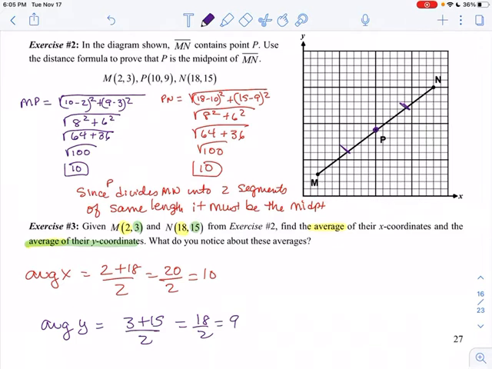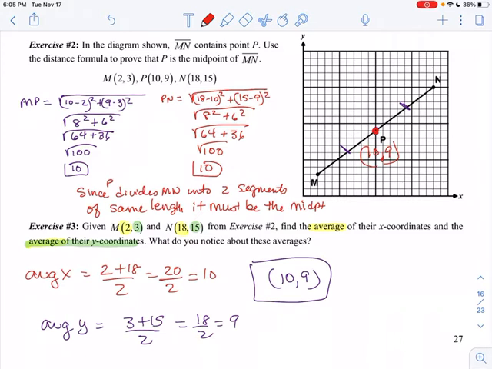So the average of their x coordinates is 10, the average of their y coordinates is 9. Well, let's look at point P, which was up here. Point P actually had the coordinates of (10, 9). All right, that's how we find the midpoint.